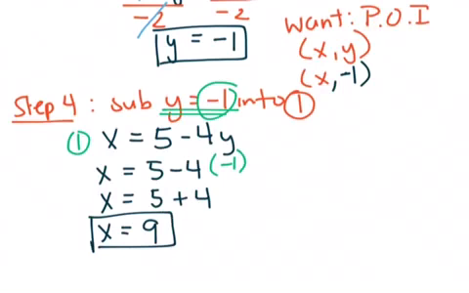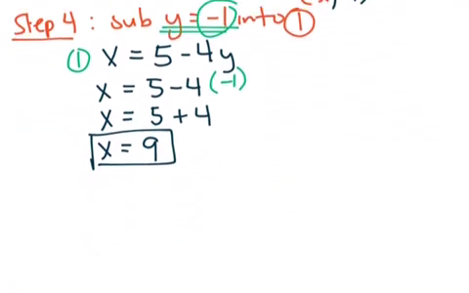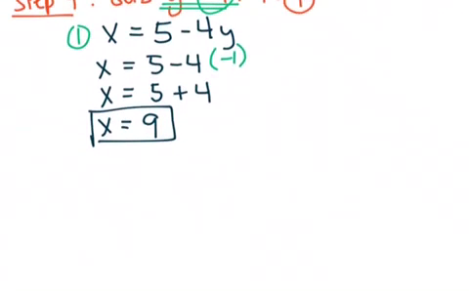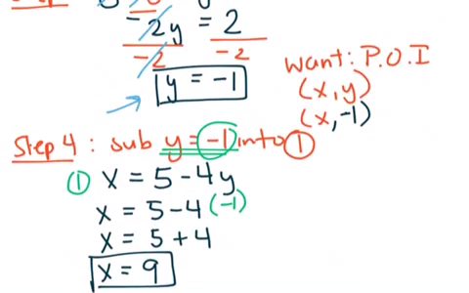All right, so we've actually finished. We've got our point. So let's write our statement here. Therefore, we know that x equals 9, and y equaled -1.